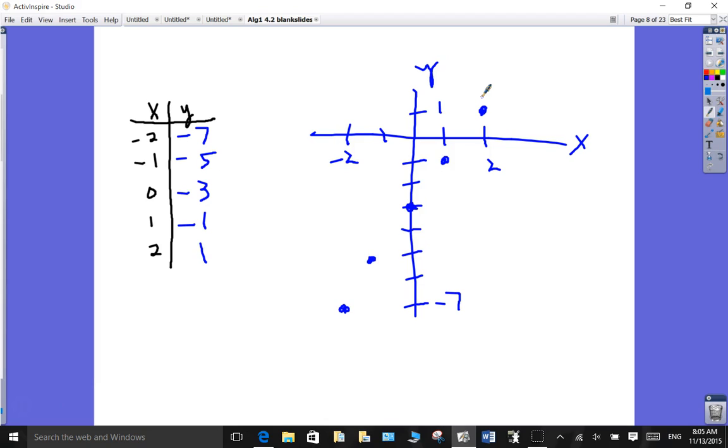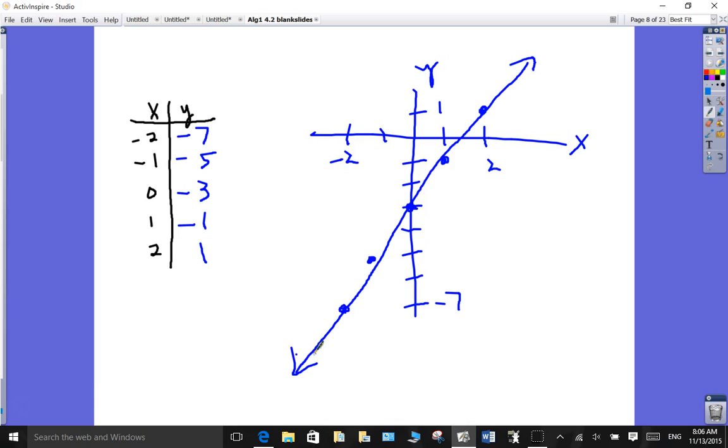We chose x values, or I chose x values. I calculated the y values, and now I plotted the points. And now, because this is actually an equation, what do we do? Connect them with a line, right? That represents not just those 5 points that I picked, but any point I might have picked.